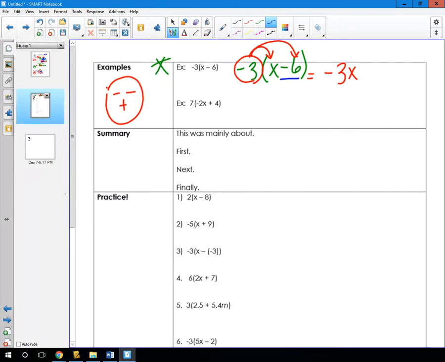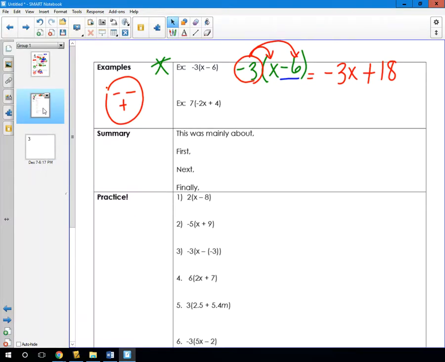So I'm going to treat that 6 like it's a negative 6. So a negative 3 times a negative 6, and negative times a negative is a positive. So since it's positive, I'm going to put plus, and then 3 times 6 is 18. So negative 3 times negative 6 is positive 18. I represent that by writing plus 18.